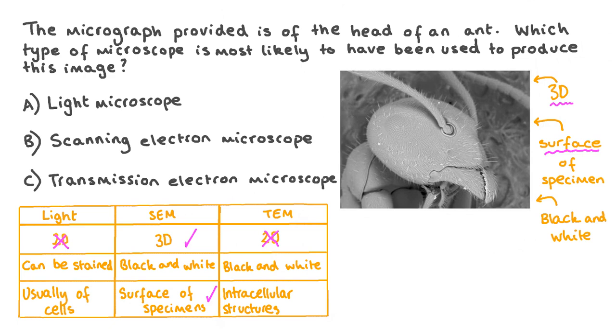The micrograph is not of the cells themselves, nor is it of intracellular structures such as organelles, so this suggests that neither light nor transmission electron microscopes would produce this micrograph. We can therefore deduce that this image has been produced by a scanning electron microscope.